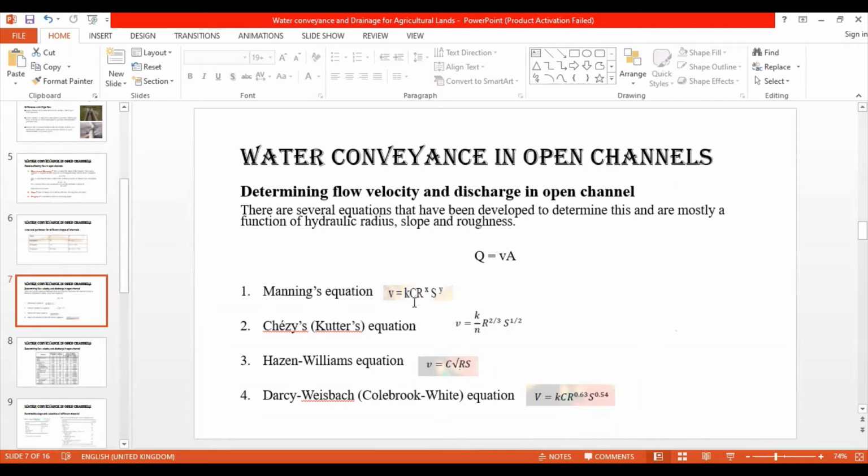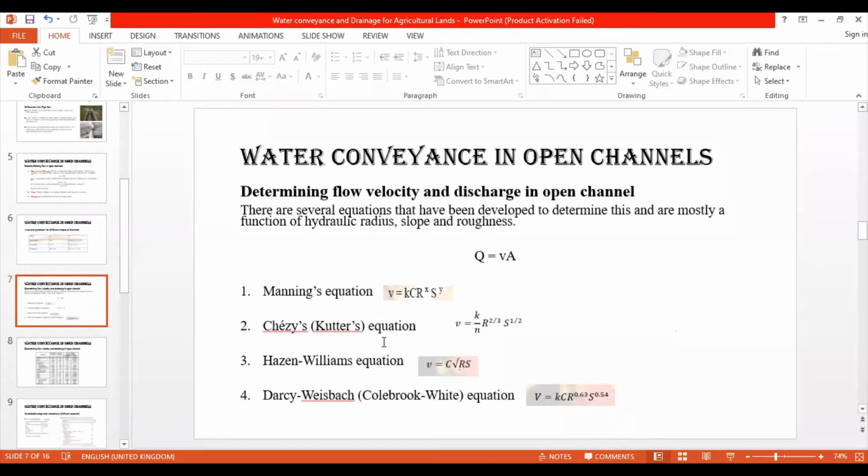So the K and the C are empirical and have been tabulated. In our design, the only things that we are looking for are the hydraulic radius as well as the slope. These are the two things that we need to determine as we are designing our channels.